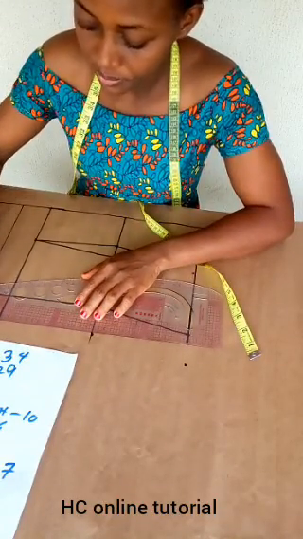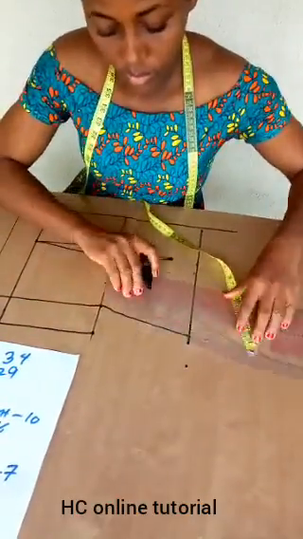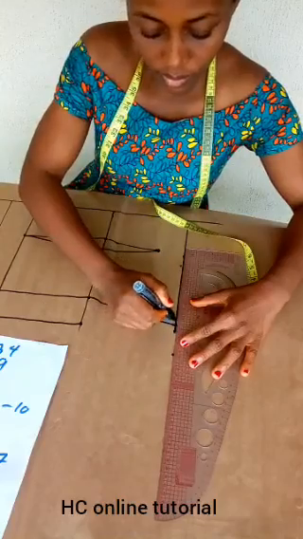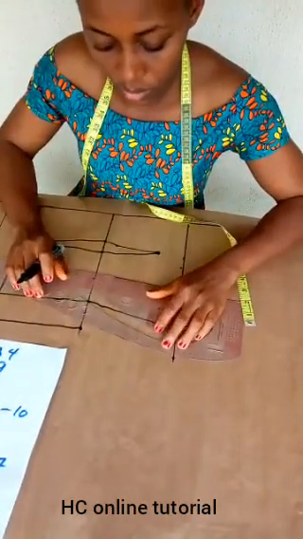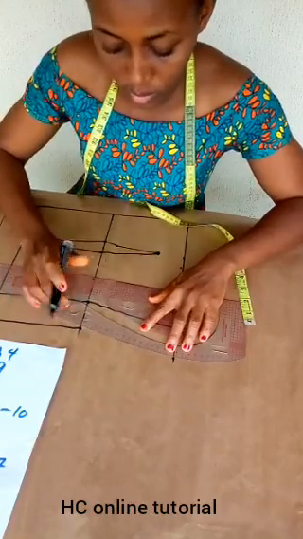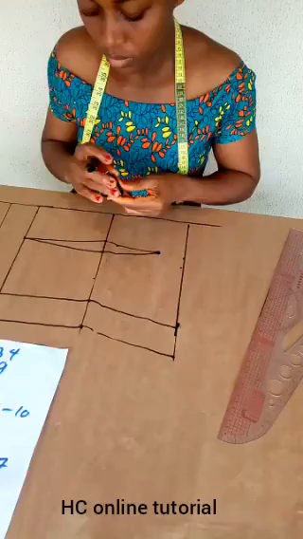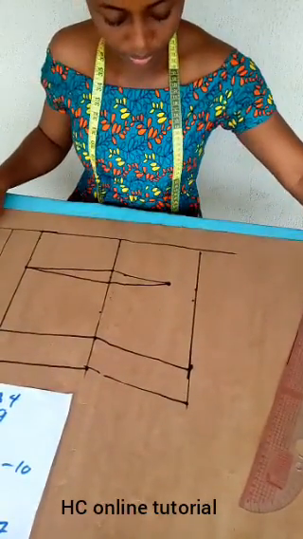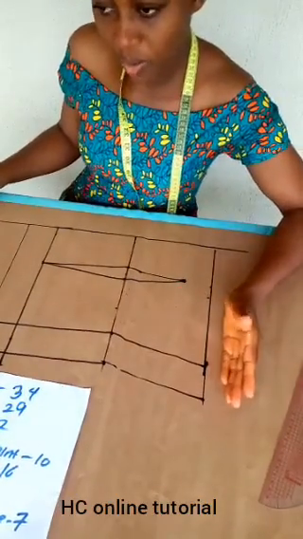I'm going to extend my M line. After that, our front basic body is almost ready. So we are going to add our seam allowance to the M line.